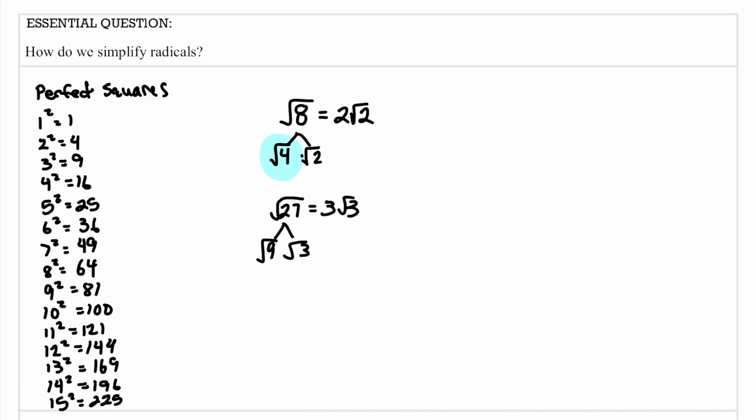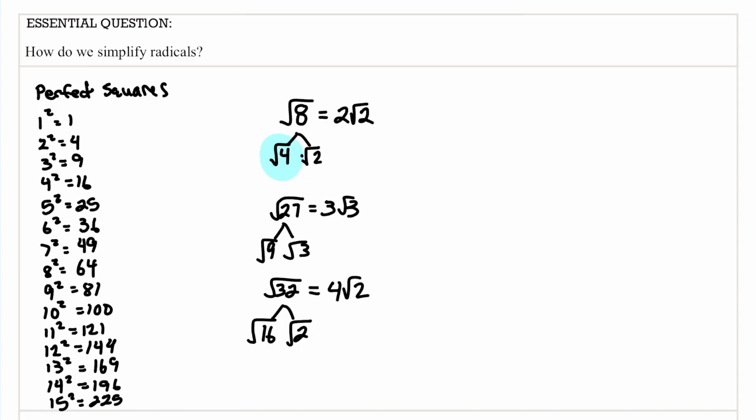Let's do radical 32. We could start with 25. 25 is not going to divide 32, but 16 does. So that becomes square root of 16 times the square root of 2, which would become 4 square root of 2.